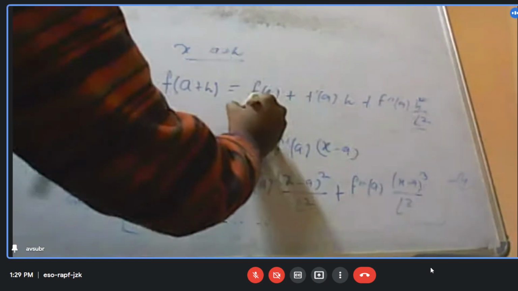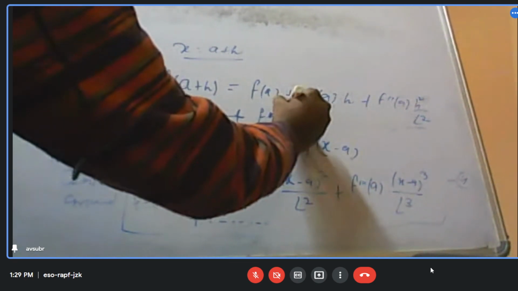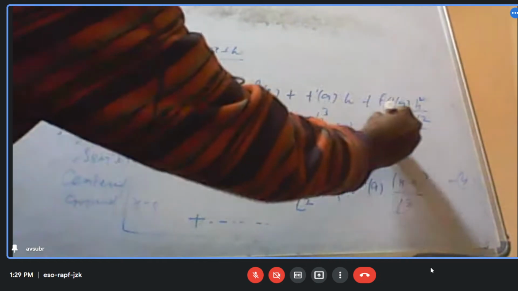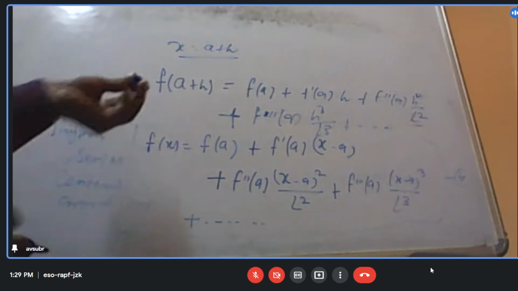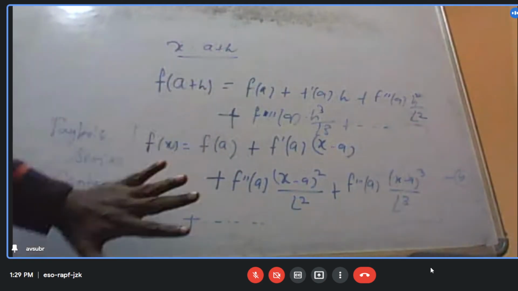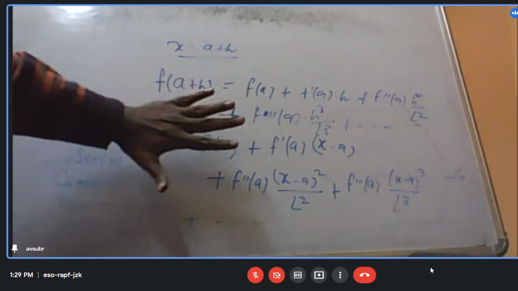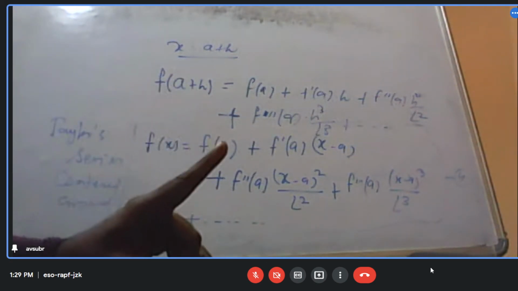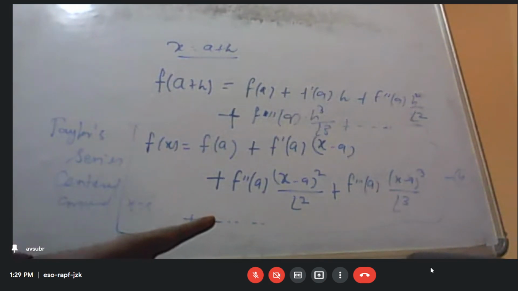So I can write it like this also. You may encounter this form also. It is the same form, there is no difference. I hope it is clear.